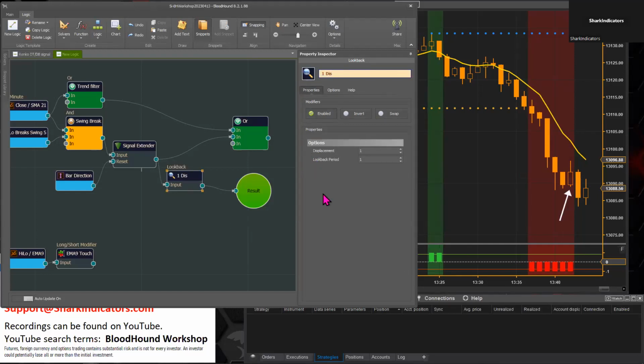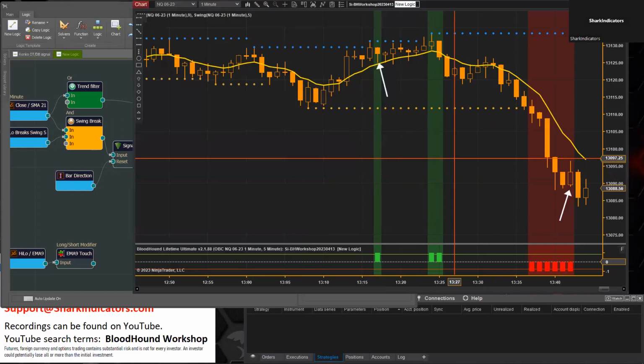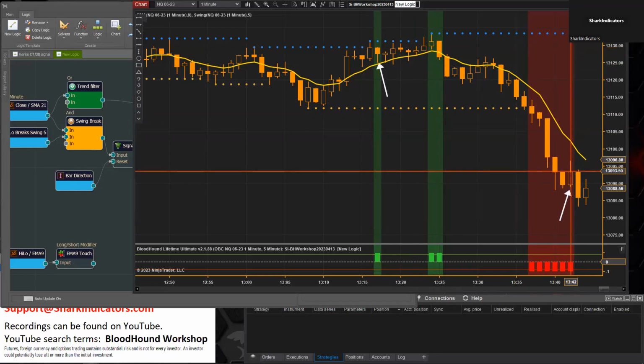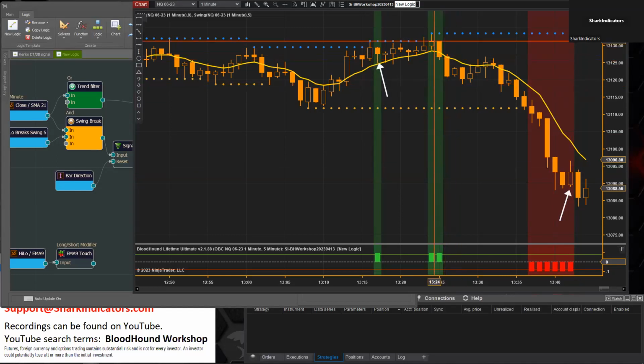So, right, and so there we have it. So we have the break, and then we actually have a signal to work with on the pullback bar, right? So we have a signal to work with on the pullback bar. So yeah, break, pullback bar.